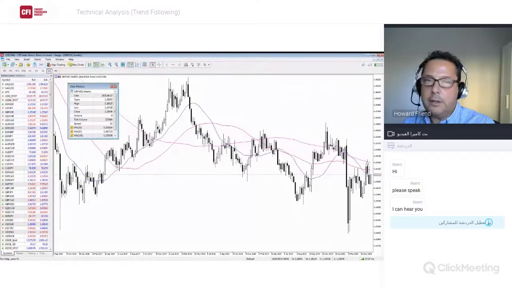The falling 100 moving average has capped it for now, but I don't think I'd be massively confident using moving averages with this one at the moment. I think sterling is taking a little bit of a back seat, but again, watch out for closes back above this falling moving average, and that could give us the indication that perhaps we're going to be testing the top of this range in line with a weaker dollar against the other markets, but I think sterling is going to underperform.